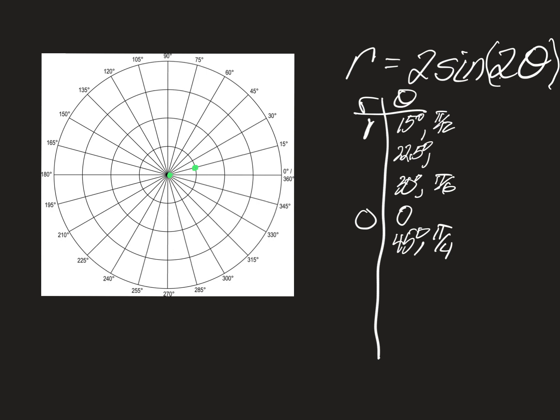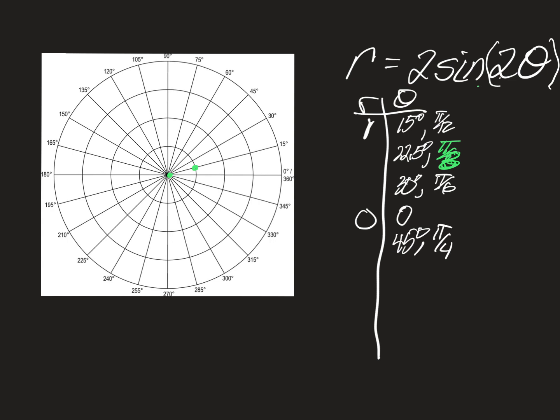Now I go to the 22.5 degrees. Why did I pick that? Well, because 2 times 22.5 is 45. So the sine of 45 degrees, or the sine of pi over 4. 22.5 is pi over 8, so 2 times that is pi over 4.